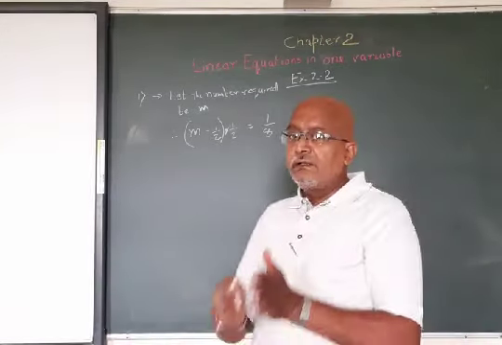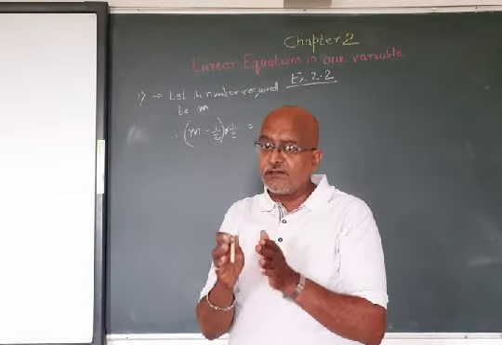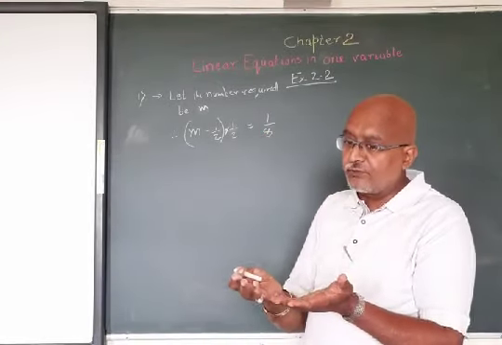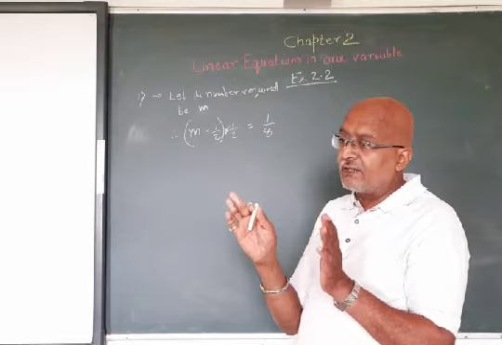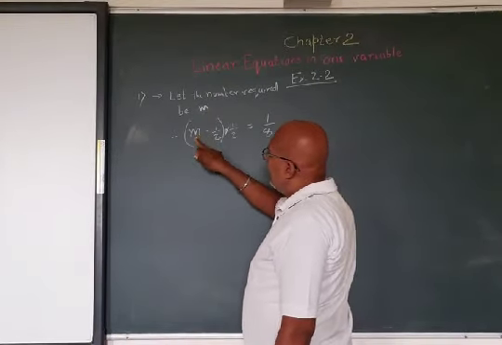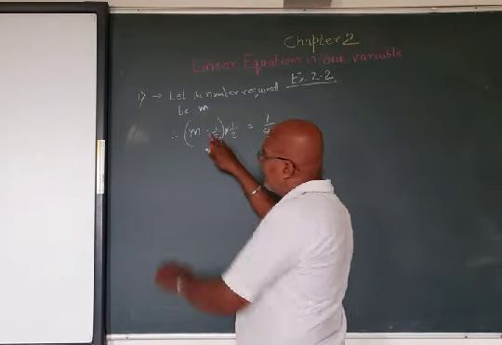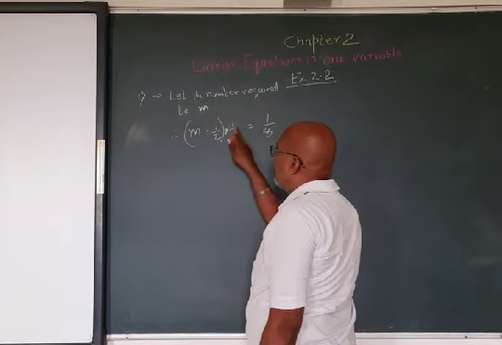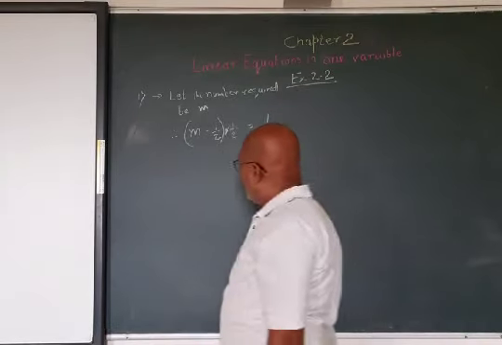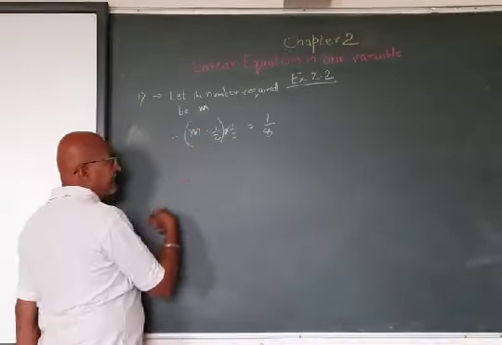Just break the given word problem into several parts, understand what we have to do, and then go for the procedure. Don't go directly for the procedure. So here we have considered m as a variable. From the variable half is subtracted and the whole result is multiplied by 1 by 2. We get the result 1 by 8. Now we have to solve this equation to find the value of m.